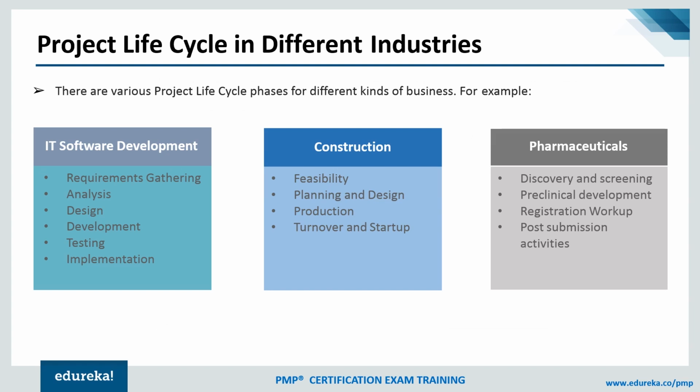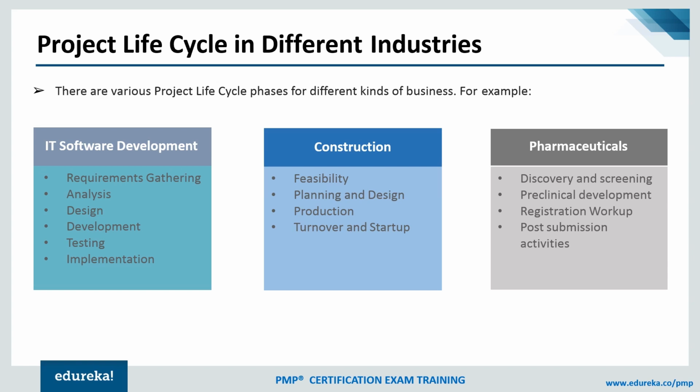In this slide, we talk about the different life cycles for different industries. It's not that there is one particular life cycle and every project has to follow that. They vary from industry to industry. And each phase answers the question, what do we do to get the desired result?